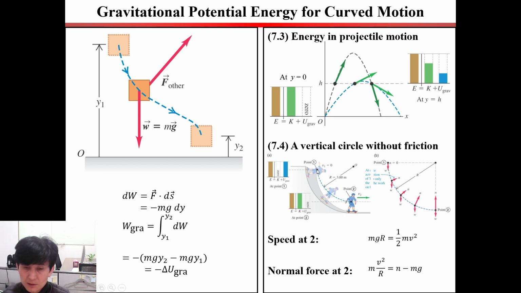As there is no kinetic energy for the person at the top, the total energy should be mgr, and there is no potential energy at the bottom, so we have total energy equal to 1/2 mv squared. So we can calculate the final velocity for a given height r for this case.